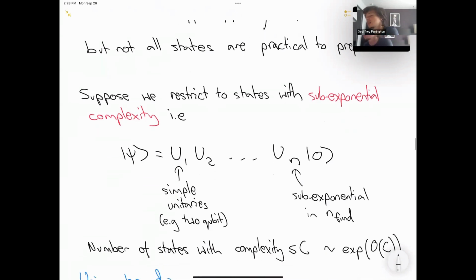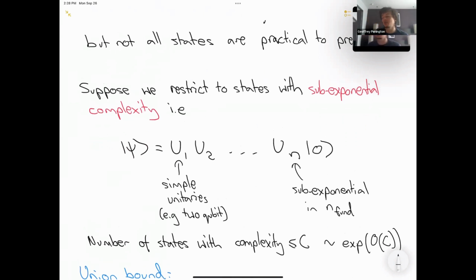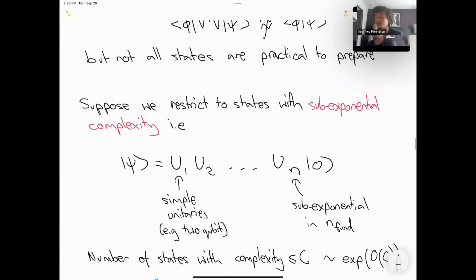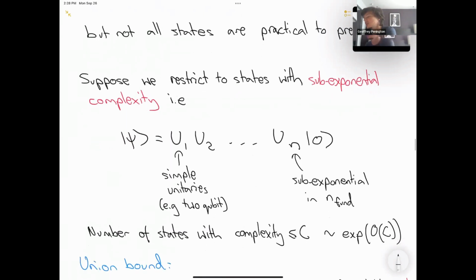Okay. So how many states are there with a complexity less than or equal to some number c? Well, you have some set of simple unitaries that you can apply that grows maybe polynomially with the number of qubits you have to apply them on, but doesn't grow very fast. So roughly the number of states with complexity c is just exponential in c.